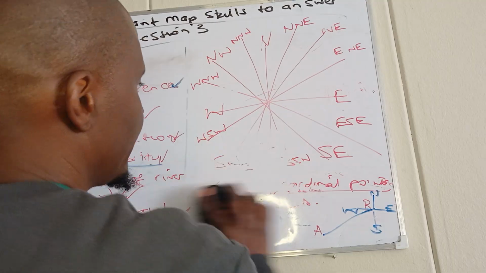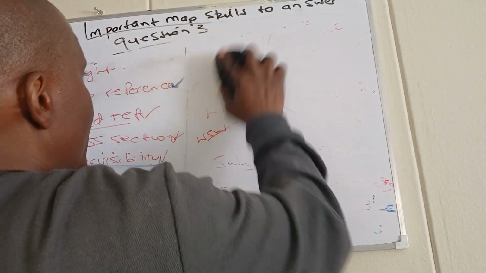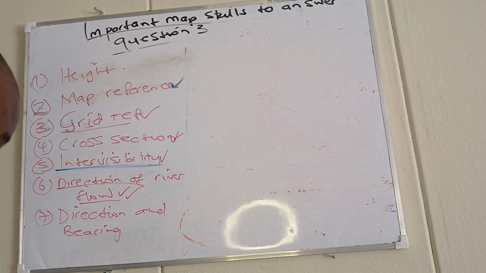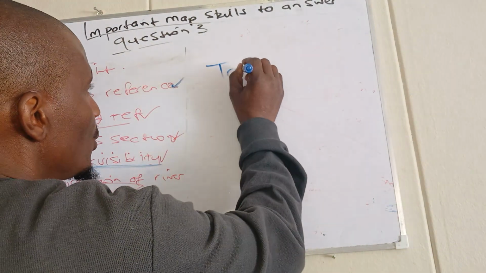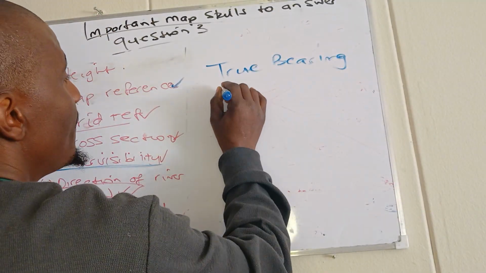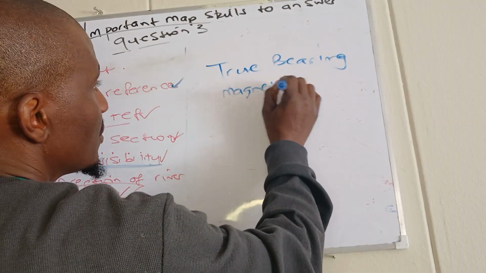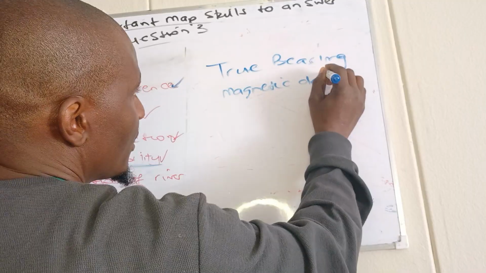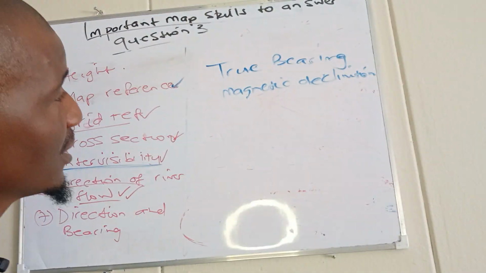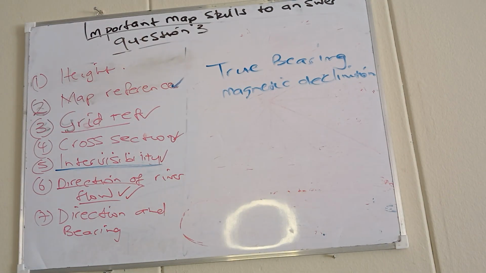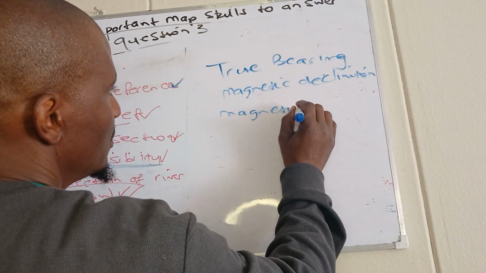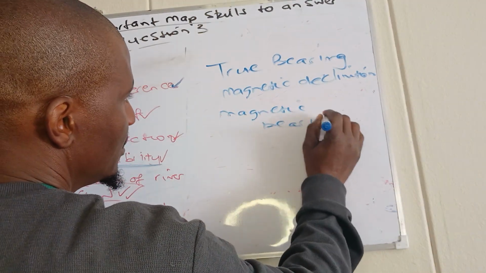Then the other skill that you're supposed to have is when it comes now to your bearing, starting from your true bearing, to your magnetic declination, okay, magnetic declination, to your magnetic bearing.